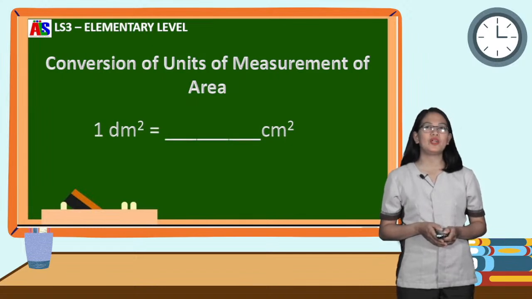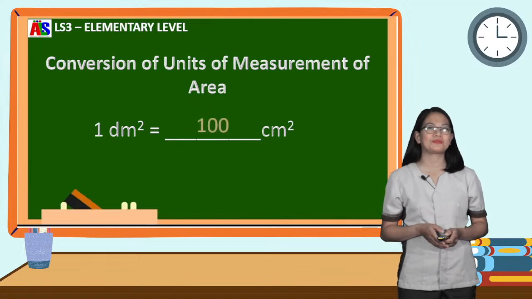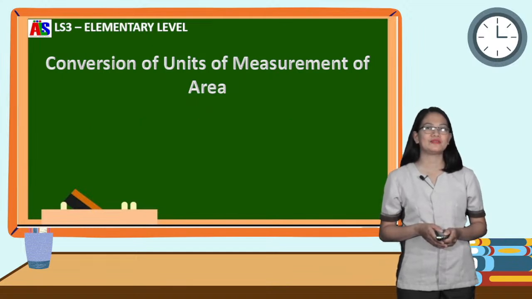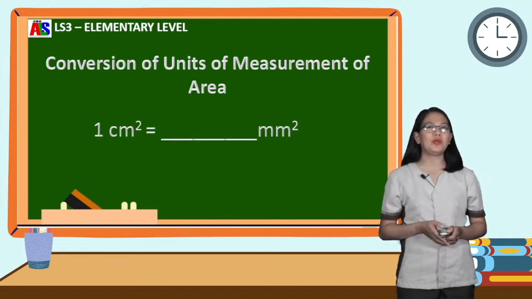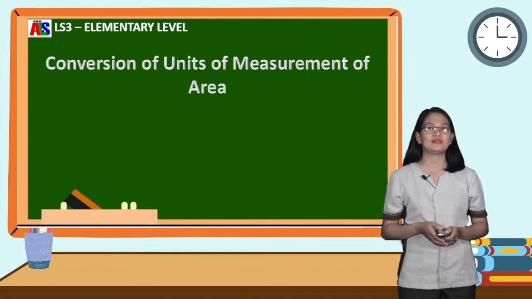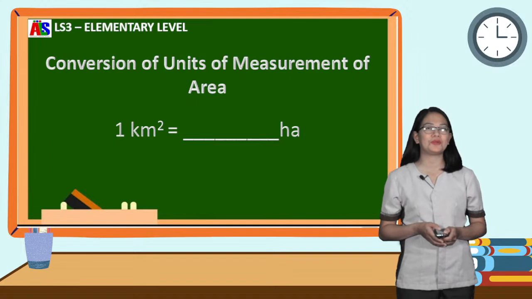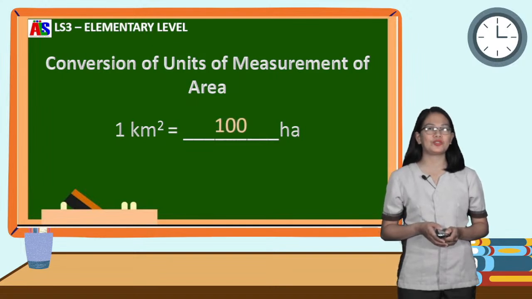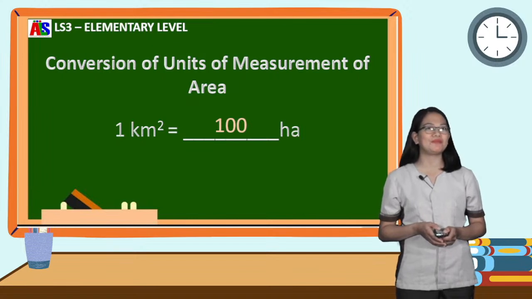In 1 square decimeter, how many square centimeters are there? 100. How many square millimeters are there in 1 square centimeter? 100. In 1 square kilometer, how many hectares are there? 100. Did you get all the conversion of units of measurement of area? That's great.